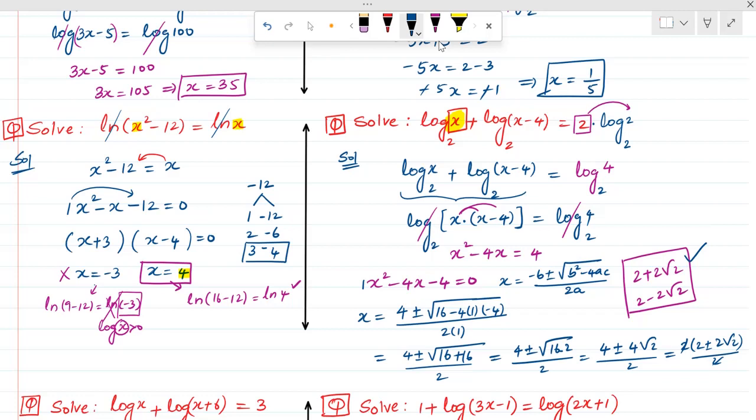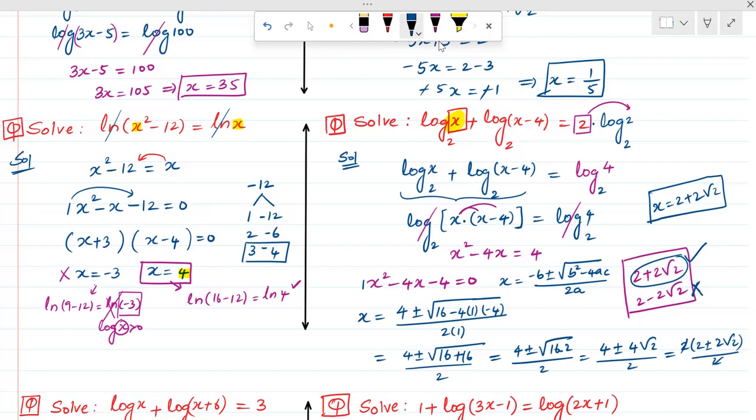So it is 2 minus 2.8 something, therefore you will get a minus, therefore it is not a solution. So the solution is only this part. So I write it here, the solution x equals 2 plus 2 root 2. That's it.